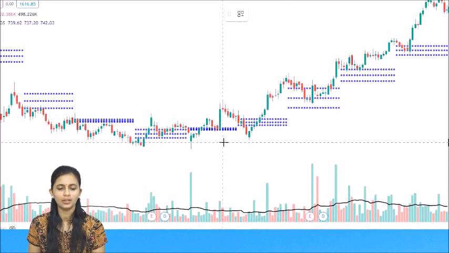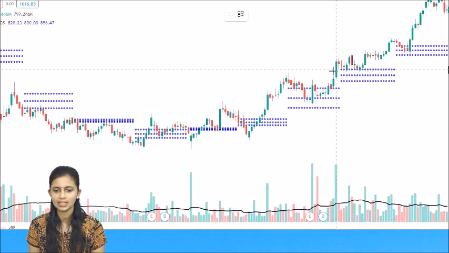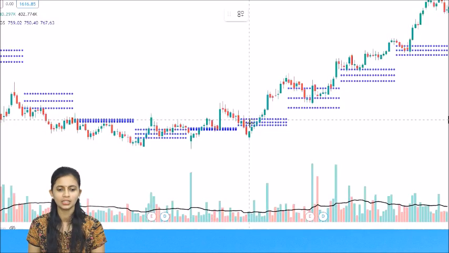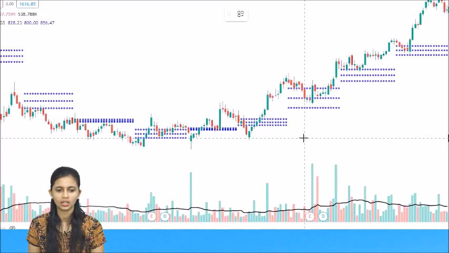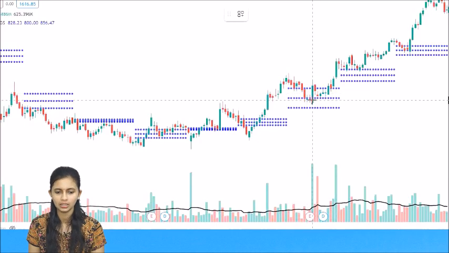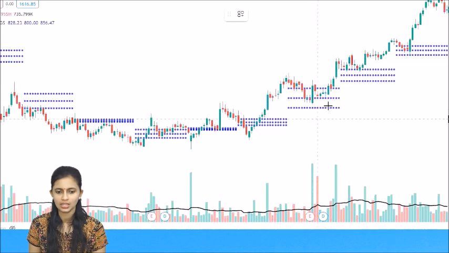See, this is a very good example. You can see here these are the monthly CPRs, and I have kept the candles at the day time frame. The first thing you have to see, if you are considering trading in any month, is that the CPR of that month is above the CPR of the previous month. So here you can see this CPR is above this CPR, right? So this can be your entry point.